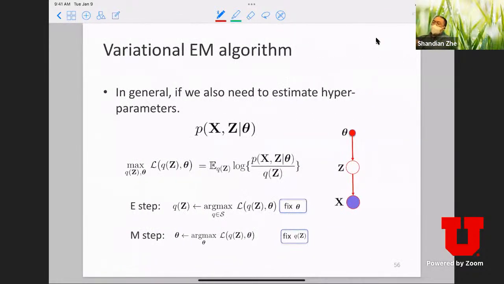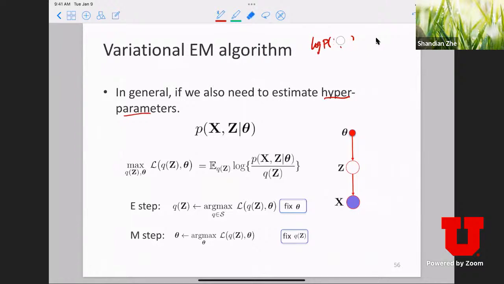Okay, so now we can extend our variational inference algorithm to the so-called variational EM algorithm. What does it mean? Previously, if the model has some hyperparameters, we assumed the hyperparameters themselves are fixed or known.